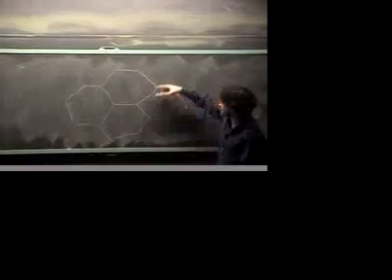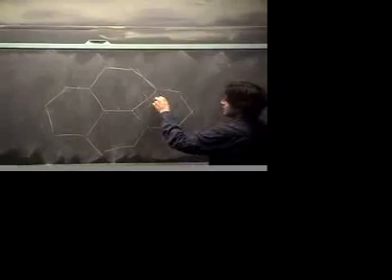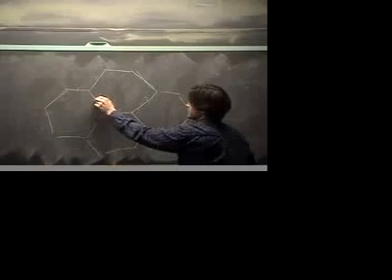I'll tell you the recipe. You take this, which is supposed to be the hexagonal grid, and you take all these, say, horizontal edges and you label them by 1, and you take all the edges that are, say, pointing this way, and you label them by 2, and then you take the other ones and you label them by 3.